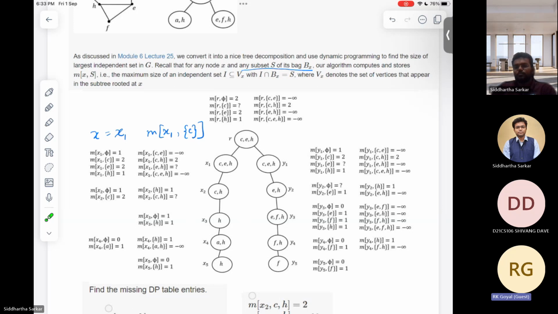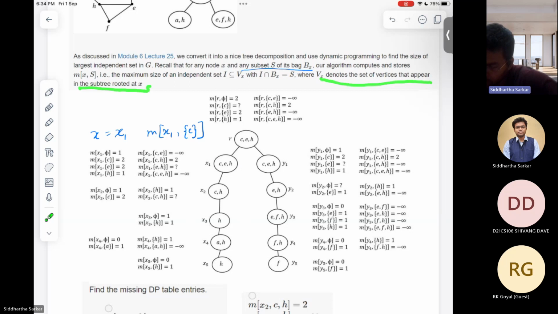So when we computed this value ACEH, this is the value of V of X. Like I said, what is the value of V of X1? Okay, so Vx denotes the set of vertices that appear in the subtree rooted at X. So let us write down for clarity.